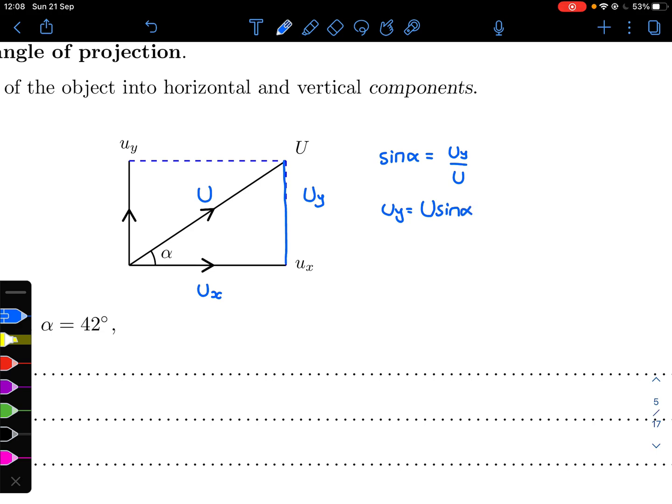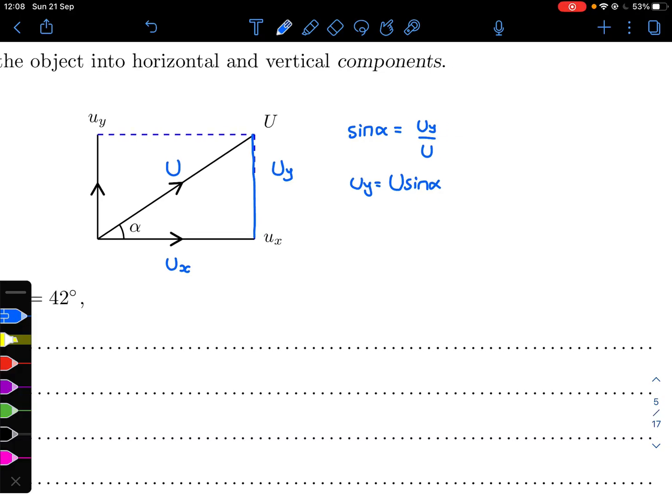Something we've done before in vectors and other parts of the course as well. And then we can do the same with cos. Cos alpha is adjacent over hypotenuse. So ux equals u cos alpha.